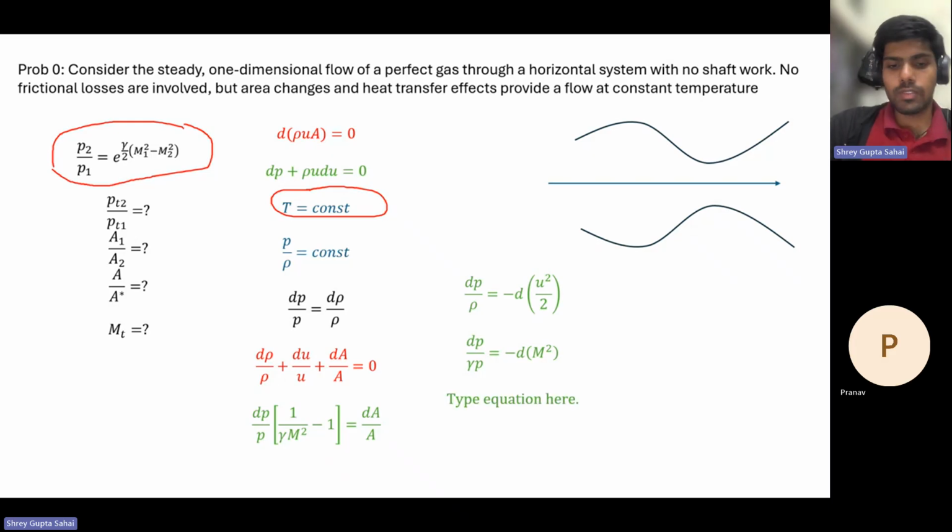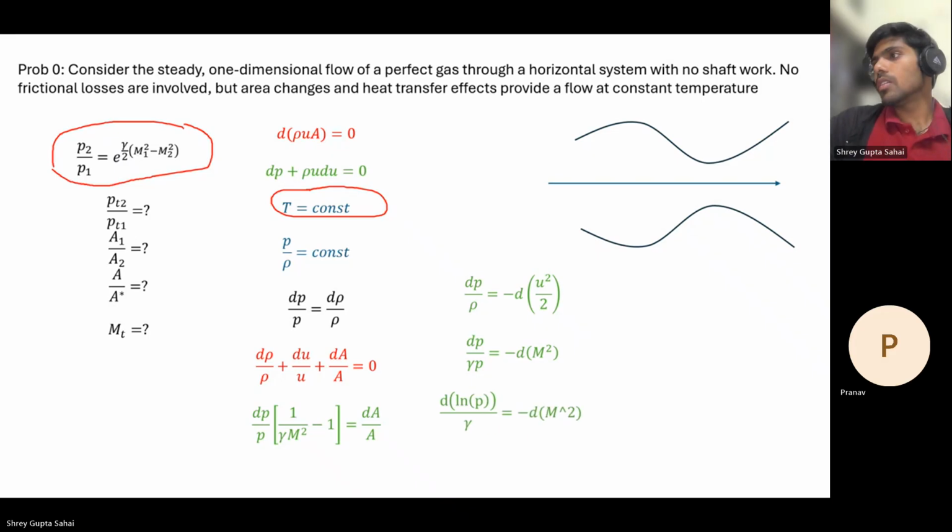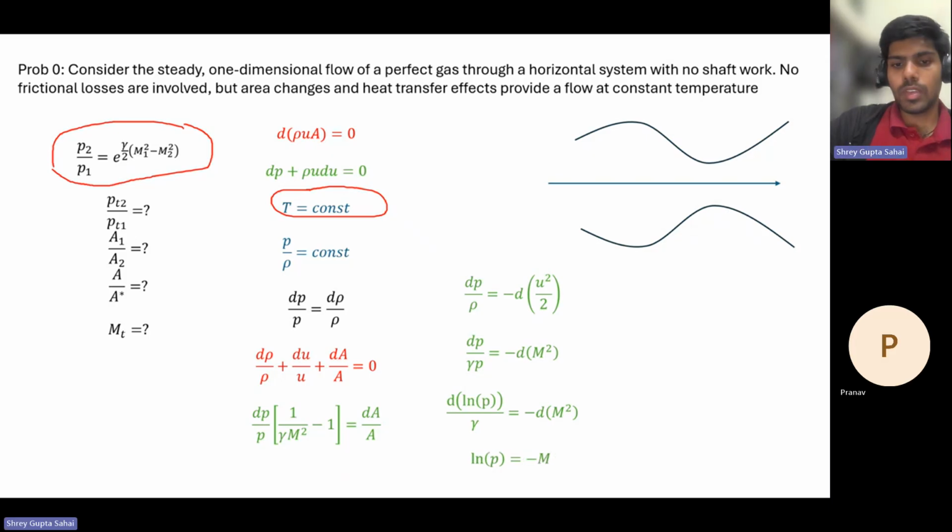Now it's very simple. It's ln p by gamma is what? Minus d M squared. So what it is going to give you is ln p equals minus M squared plus some constant.